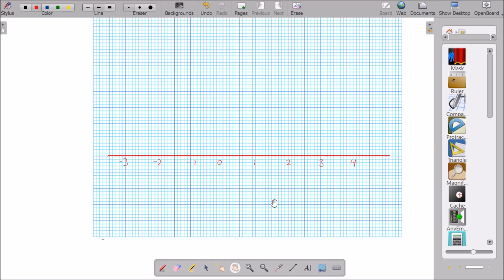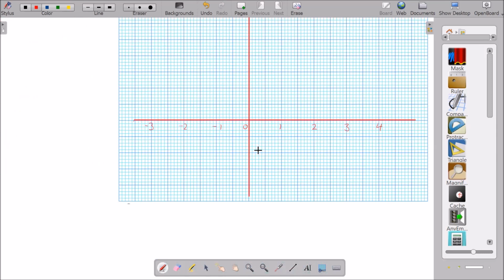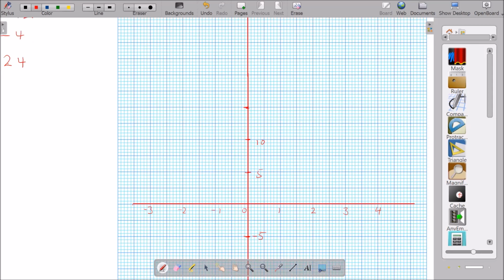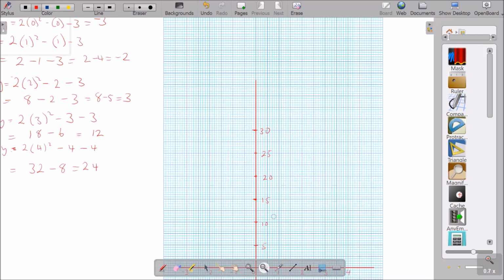For our y values, minus 3 to 24, one axis there, minus 5 there. Two small squares to represent 1 unit. Then we can have 5, 10, 15, 20, 25, 30. That is a good scale that will not confuse us.